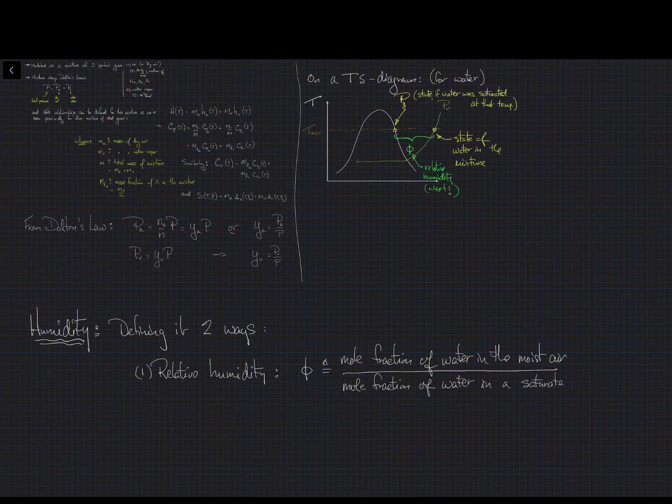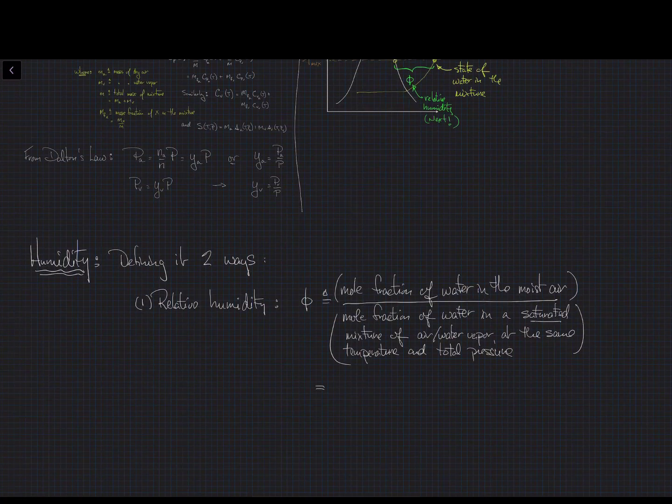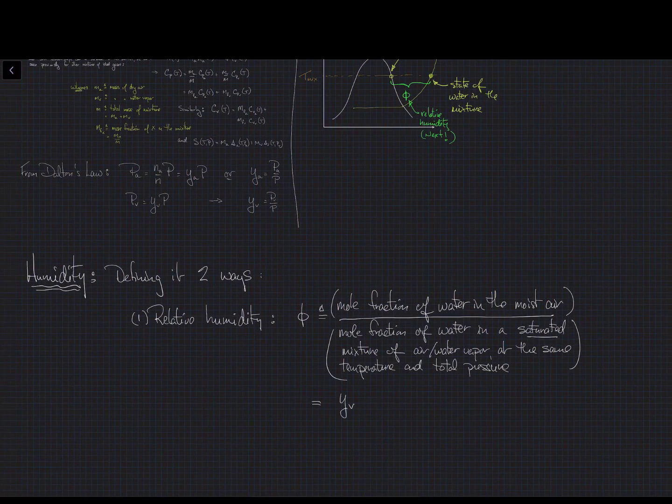So that would be P total, for example. And so that means that phi is equal to y sub v, which is the mole fraction of water in the moist air, divided by y sub g, or y sub v sat, at that temperature and pressure for the mixture.